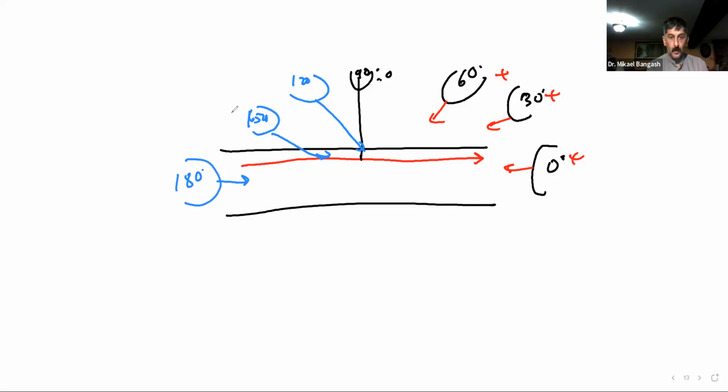If I'm standing over here and somebody is moving in this direction, they are moving away from me, right? So all these angles which were greater than 90 had negative cosine theta values.